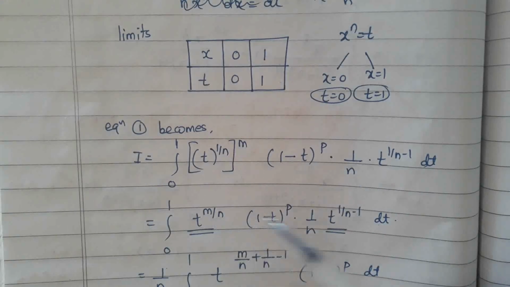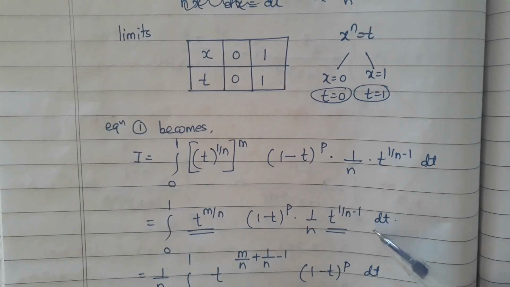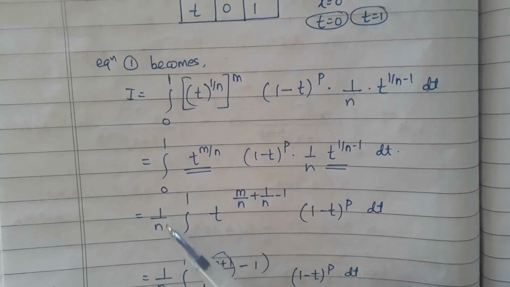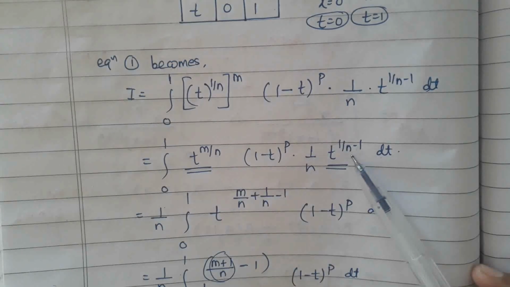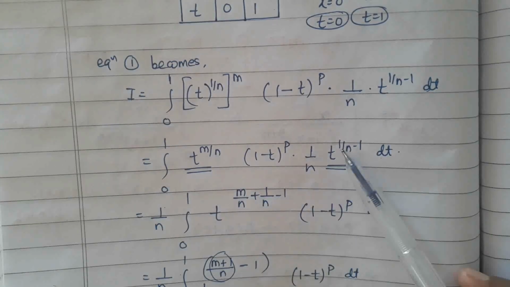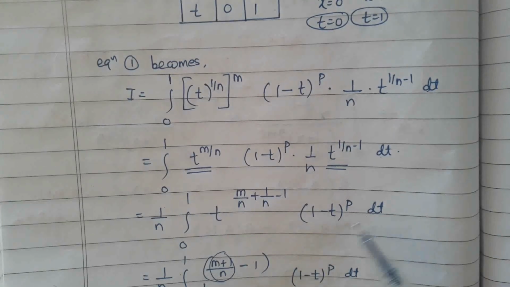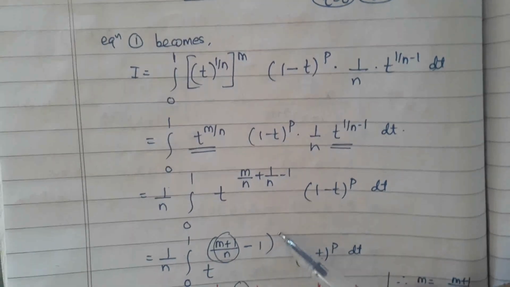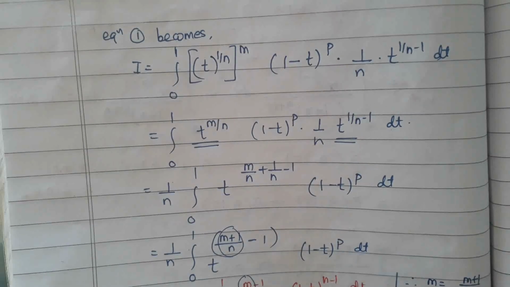Let us add the powers of t. 1 by n is the constant, write it outside the integral, and arrange these functions in the standard form of the beta definition. This equals 1 by n integral 0 to 1 t raised to the sum of the powers of t, m by n plus 1 by n minus 1, times (1 minus t) raised to p dt. This equals 1 by n integral 0 to 1 t raised to (m plus 1 upon n) minus 1, times (1 minus t) raised to p dt.